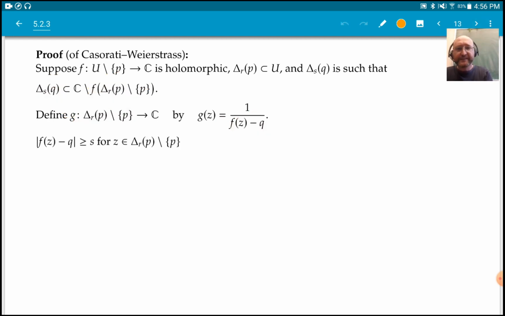It's actually in modulus not just not 0. This is always bigger than s, right? So for all these guys, you're outside of this disk, right? So the modulus of f of z minus q has to be at least s, right? That's basically just the definition of what this means.